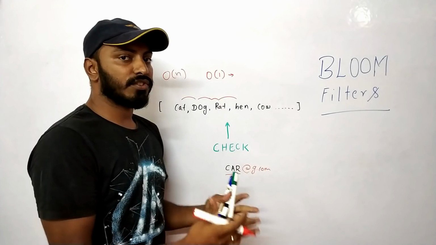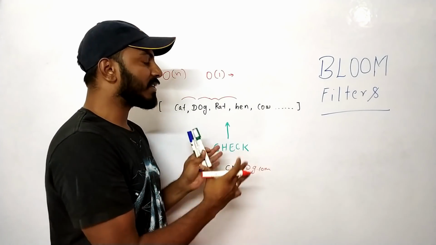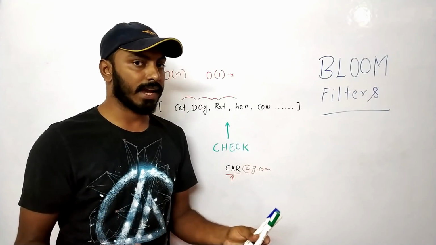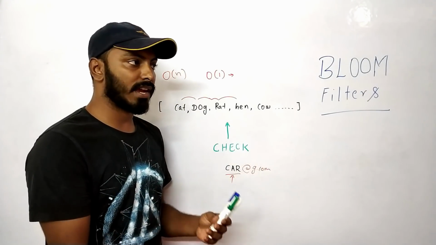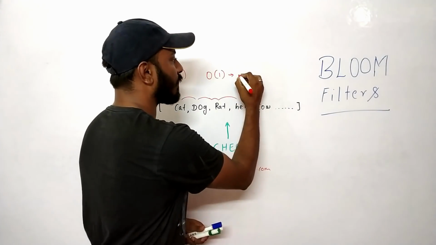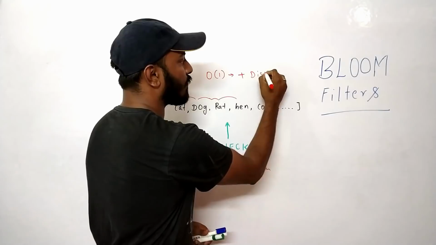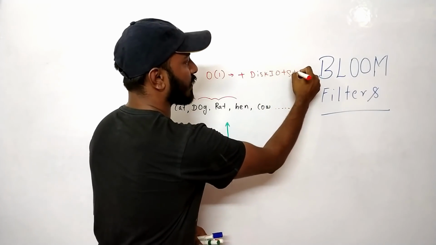But the storage is always a problem. And also, when the hash table takes a lot of storage, we will be storing that particular data on disk. In that case, reading the data from disk always takes a lot of time, and it adds disk I/O operations, plus storage.